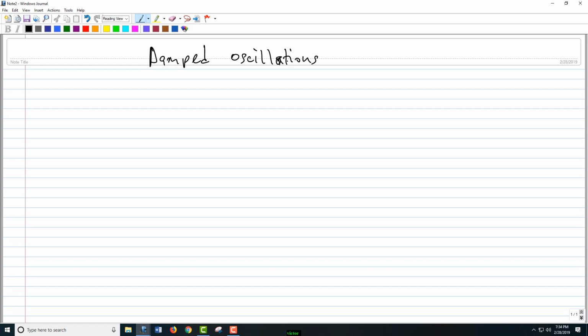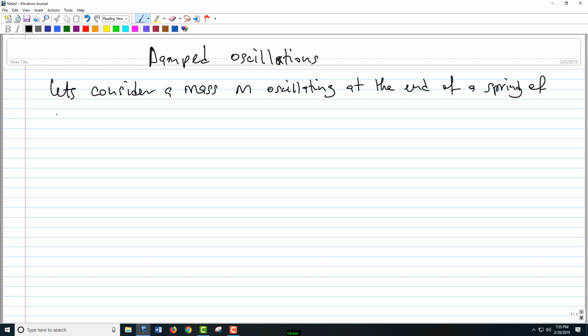So if we consider, for example, that we have a mass that is oscillating at the end of a spring, and that mass is oscillating in a fluid, for example, water, we can write equations of motion to represent the motion of that mass in the fluid. So let's first consider a mass oscillating at the end of a spring, and we say the spring has a spring constant.